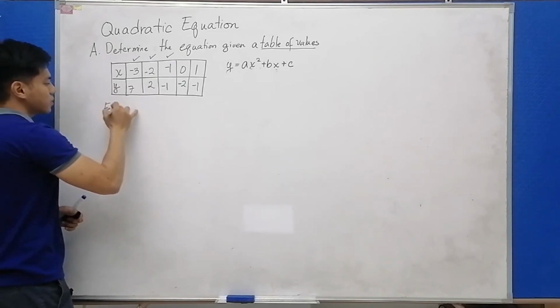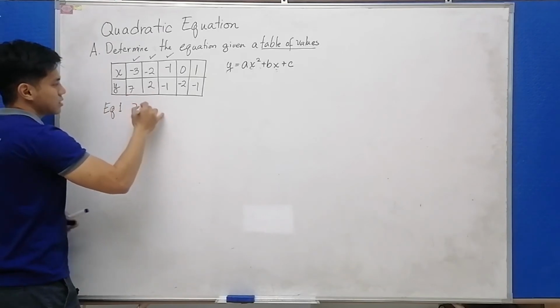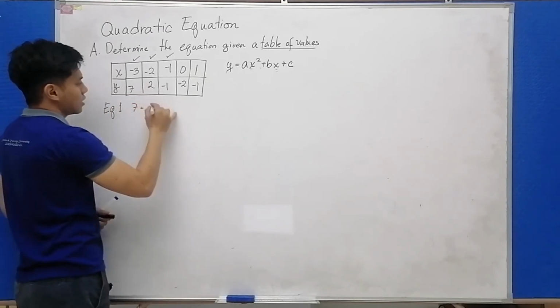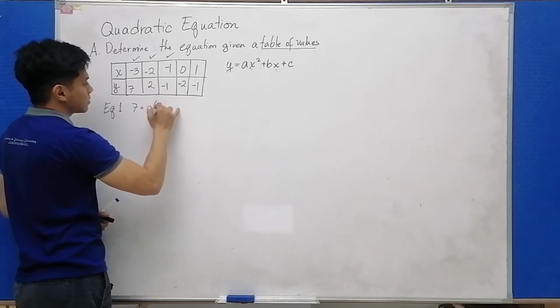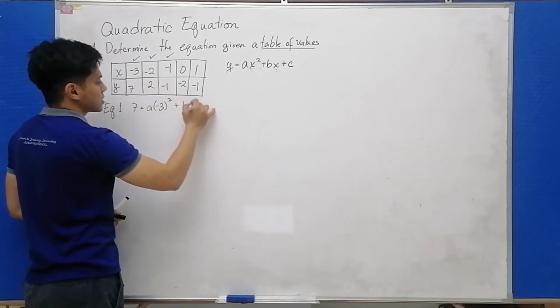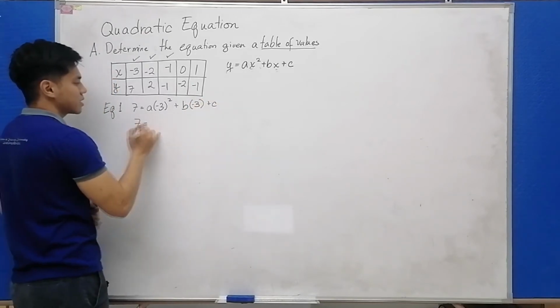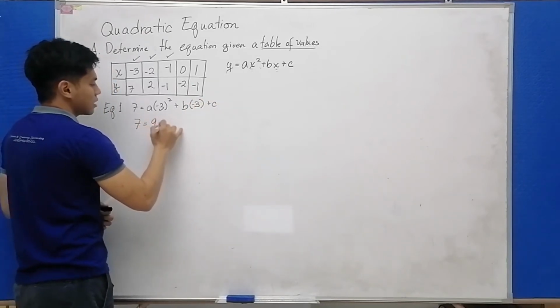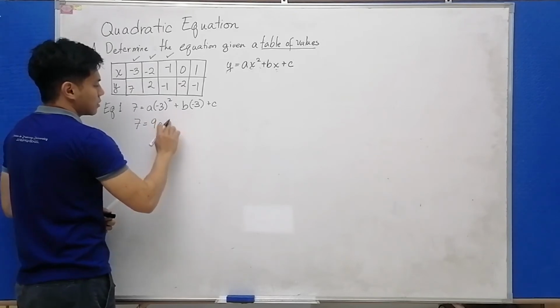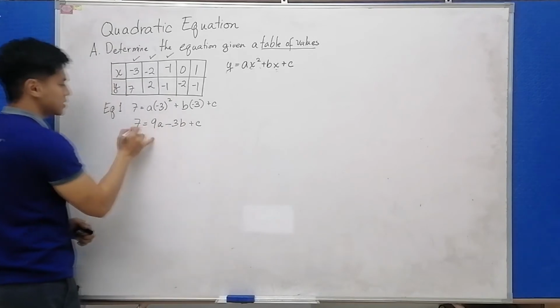So we'll have equation 1 as the first pair. So 7 is equal to a times negative 3 squared plus b times negative 3 plus c. So our first equation is going to be 7 equals 9a minus 3b plus c. So this is our first equation.